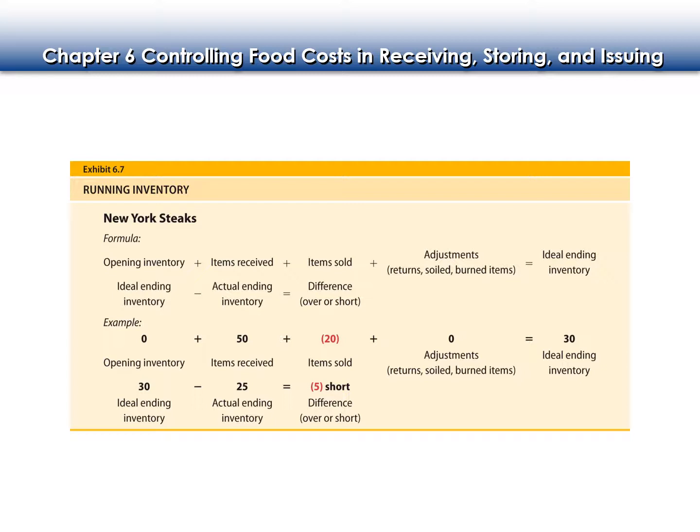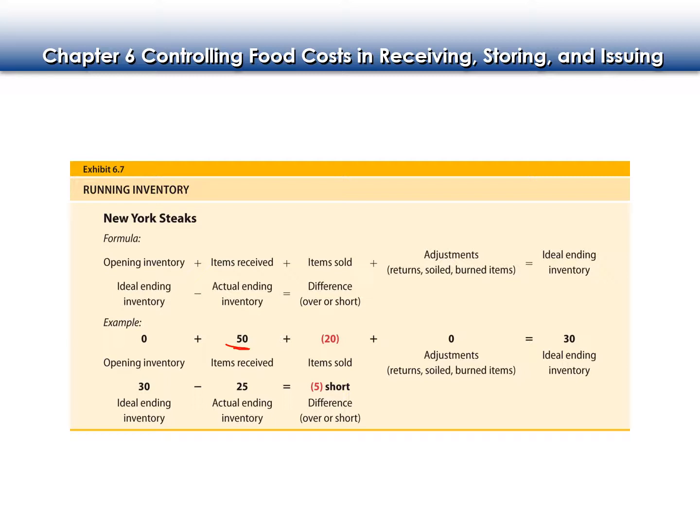And so typically what we do, we take our opening inventory plus our items received. So in this case, I'm going to ask my prep cook, hey, I want you to prep 50 New York strips for today. See where we're at right now? 50. So our items received. Our items sold, okay, we're going to subtract that.